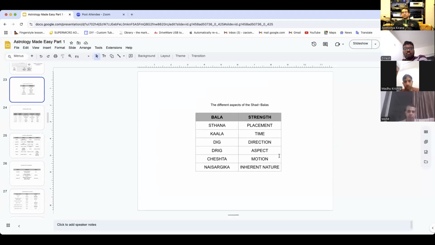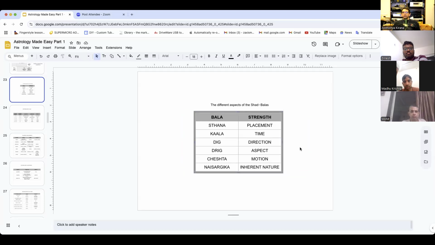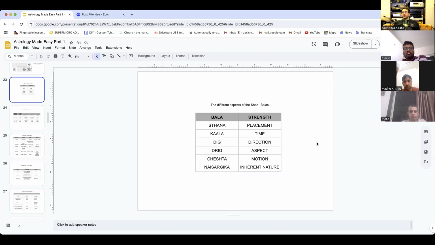Aspect, drig, drushti, that is taken very seriously. Motion, cheshta, now I spoke, no, retrograde, straight movement and all this. And inherent nature, naisargika bala. You put all these together, you add it, you will get Shadbala. The number which you see in the chart, Shadbala, is a combination of all these 6.